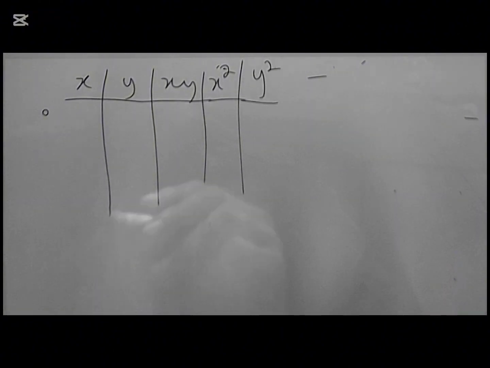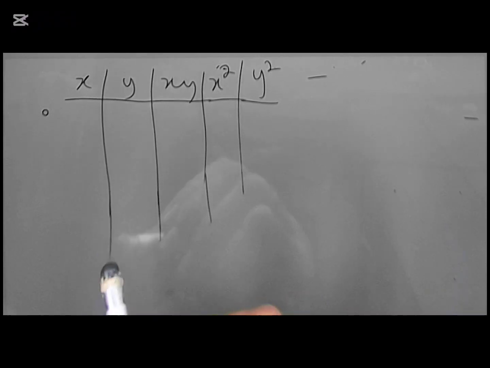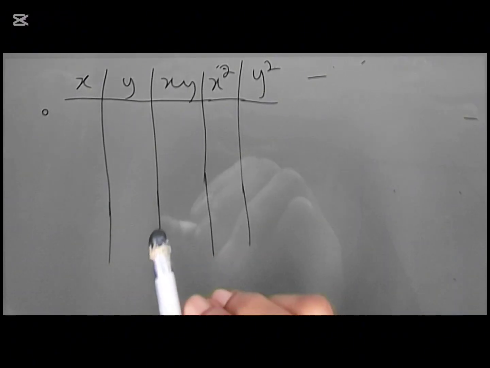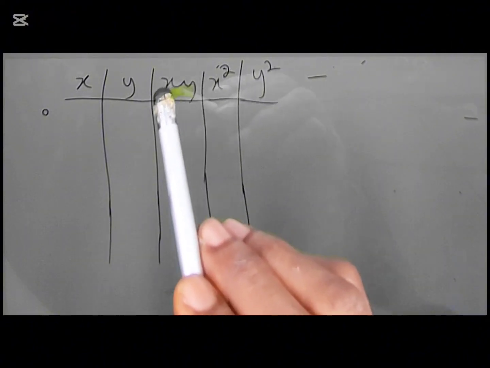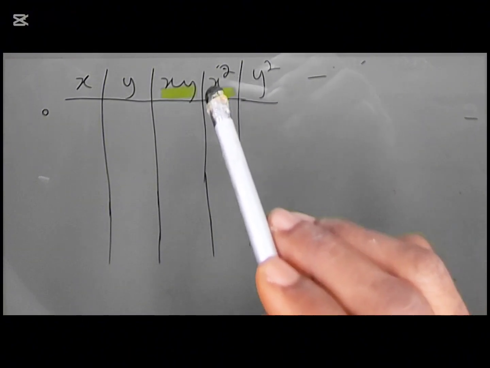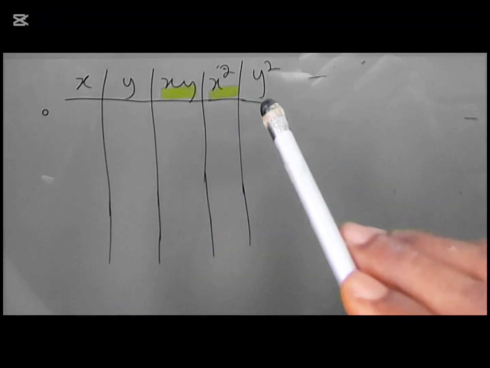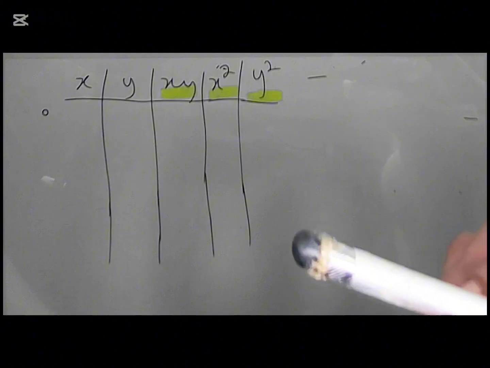Please take note. So I'm creating the table depending on the formula, because if I have xy, the sum of it will give us the sum of xy. If I have x squared, the sum of it will give us the sum of x squared. If I have y squared here, the total of it will give us what? The sum of y squared. Please take note.